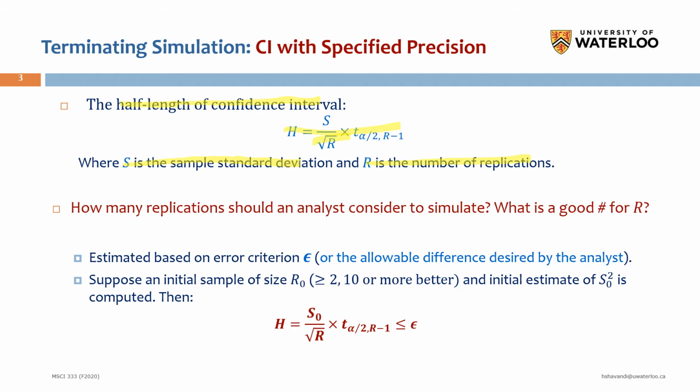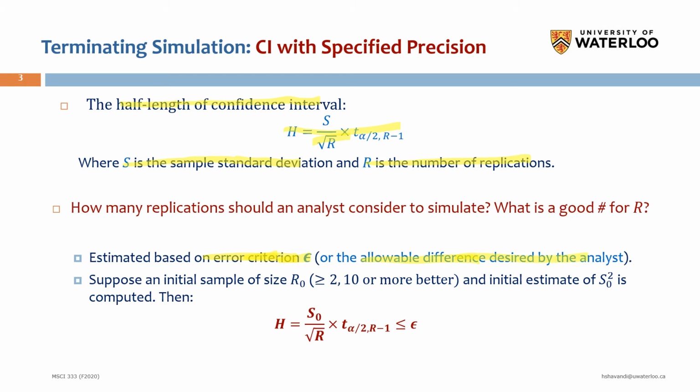What's a good number for R? We can estimate a good number of replications based on an error criterion, let's say epsilon.